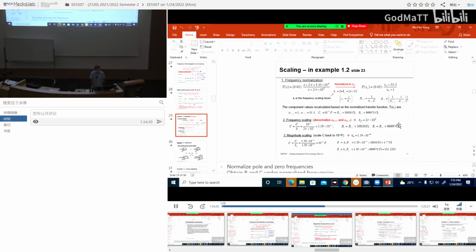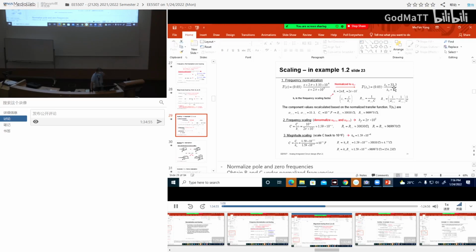So here, the first thing we do is go from this bilinear transfer function in the S domain and normalize it, to become the normalized domain, S over omega n. So this is the normalized version.